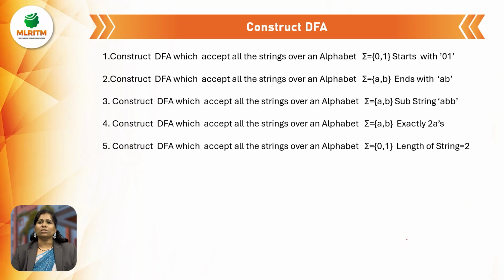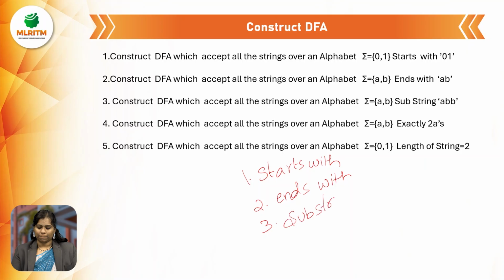The construction of DFA contains 5 types: starts with, ends with, substring, divisibility, and length. So to construct DFA, we have 5 types: starts with, ends with, substring, divisibility and length.